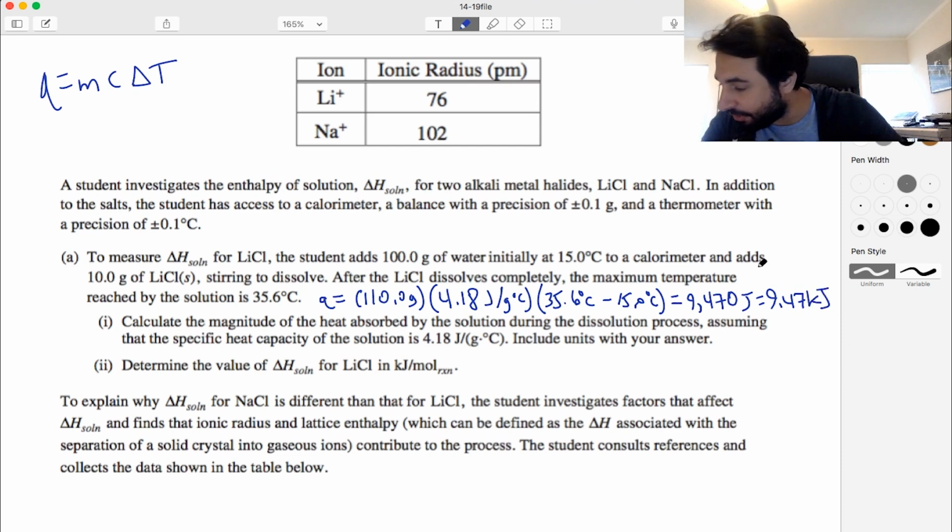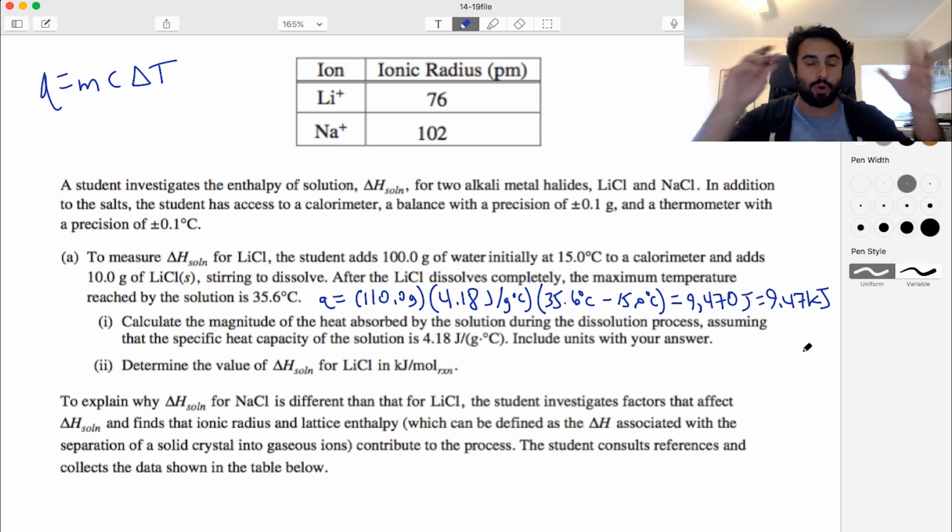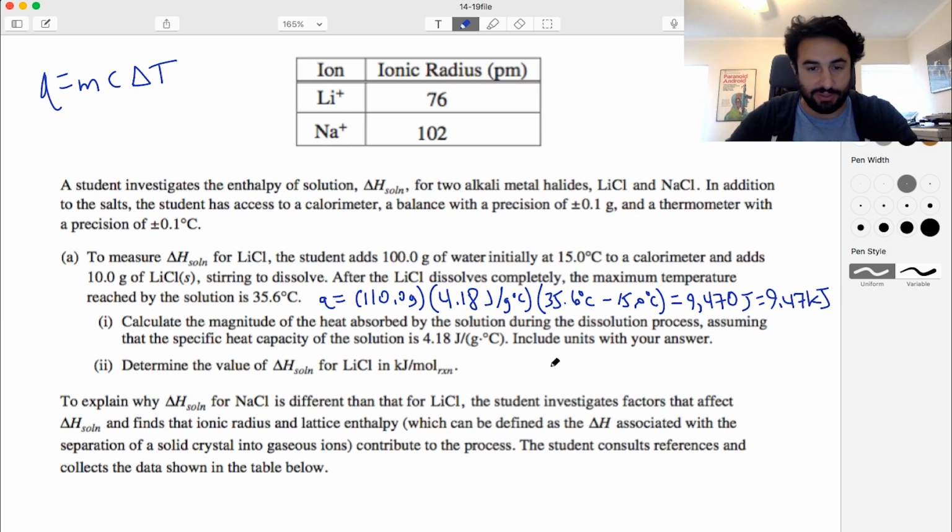Okay, so that is the heat absorbed by the solution. So the solid, lithium chloride solid, is releasing heat during dissolution, and that is being absorbed by the solution, which causes the water to heat up, and that's what we measured in order to be able to do this. So, determine the value of delta H solution for LiCl.